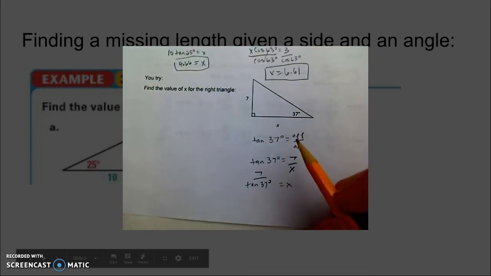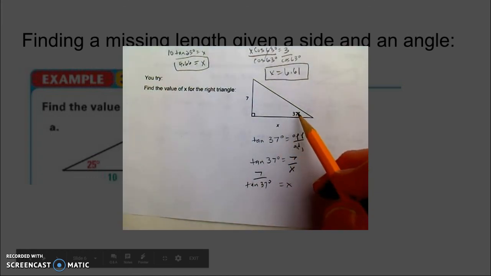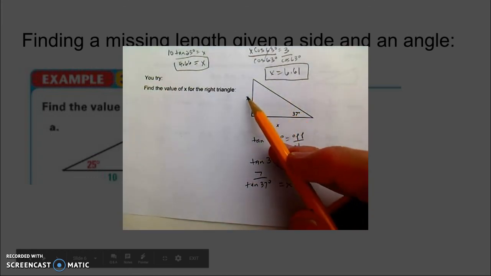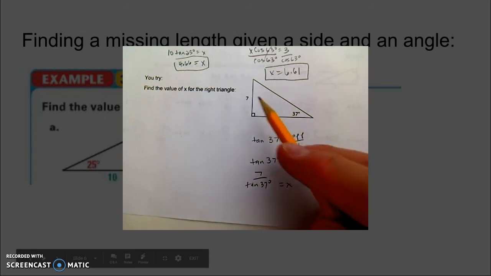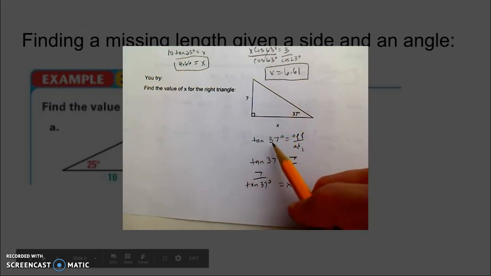All right, so go ahead and catch up or check your work here. So I have a 37-degree angle. Its opposite side is 7. Its adjacent is x, so opposite over adjacent is tangent. Tangent of 37 degrees equals 7 over x.